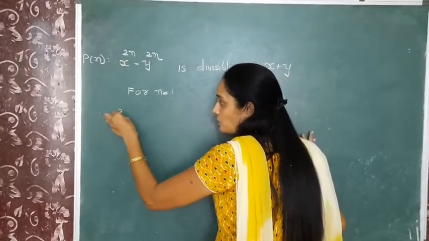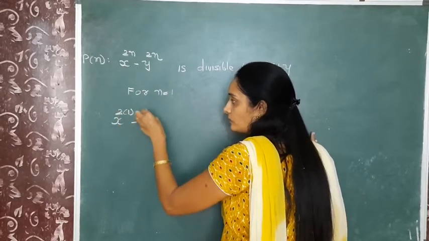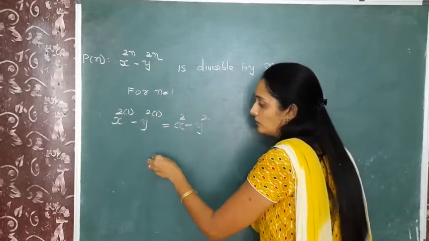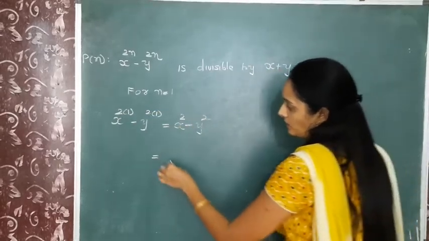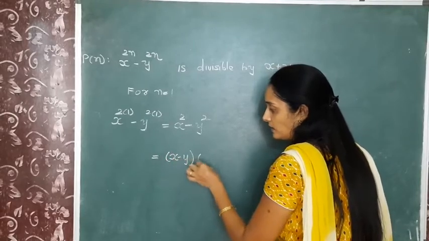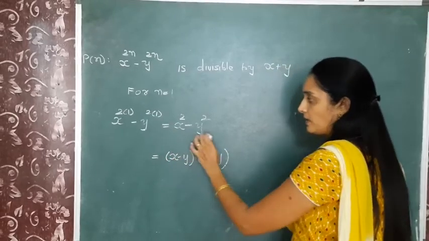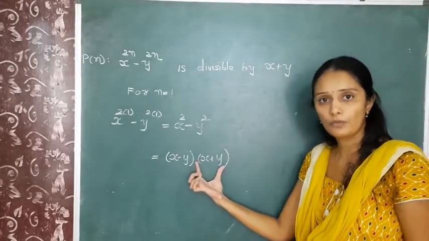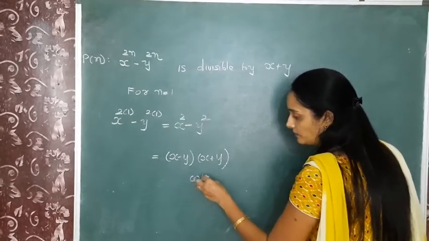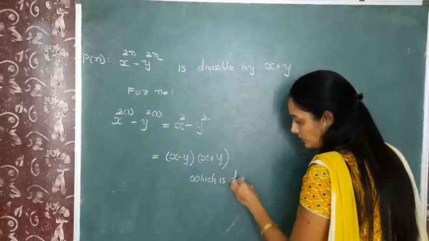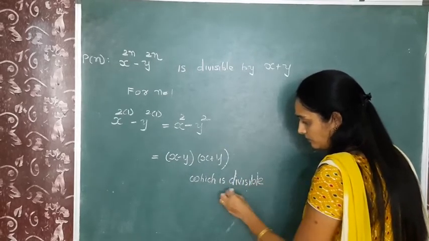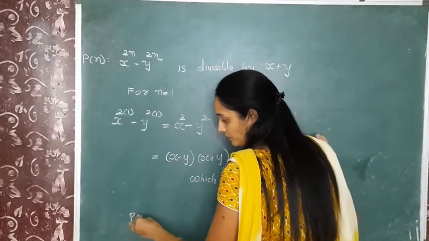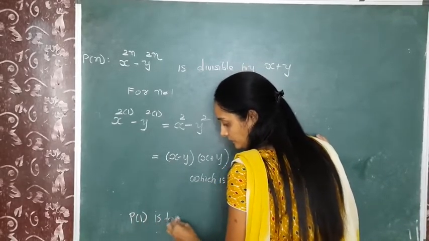So x raised to 2, so x square minus y square, and you know the factor of x square minus y square: a square minus b square is a minus b times a plus b, and one factor is x plus y, which is divisible by x plus y, and therefore we say that P of 1 is true.